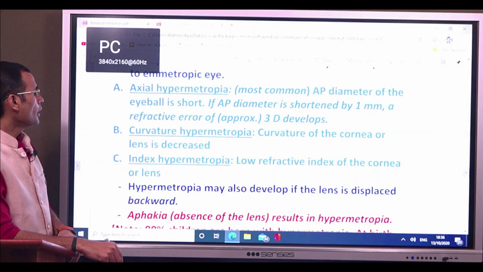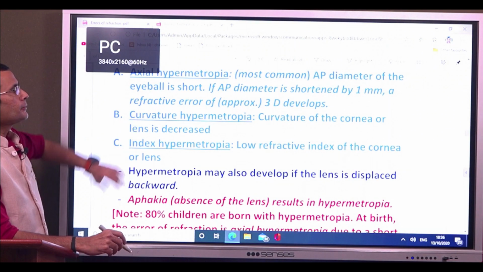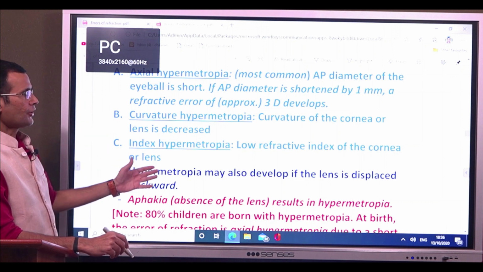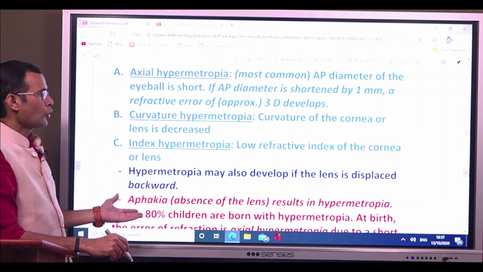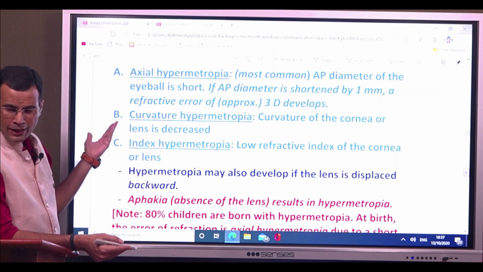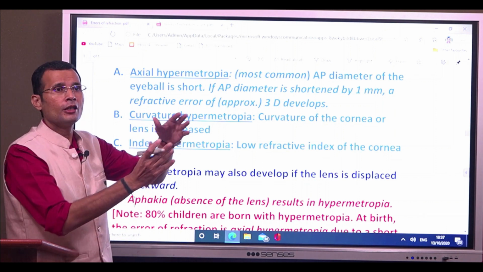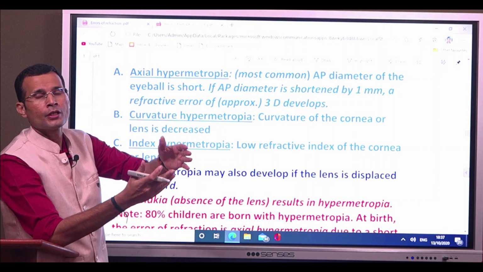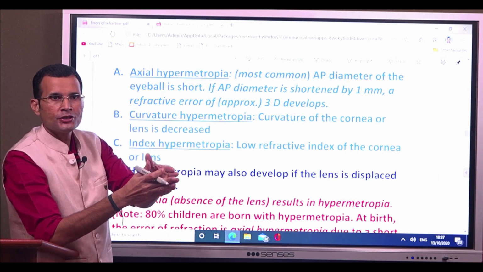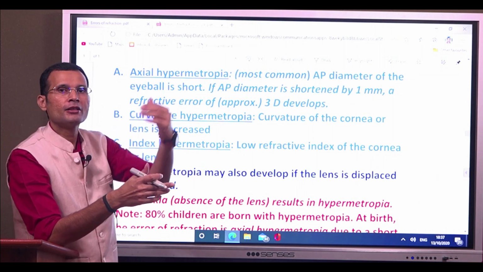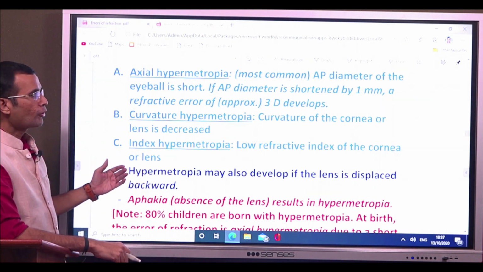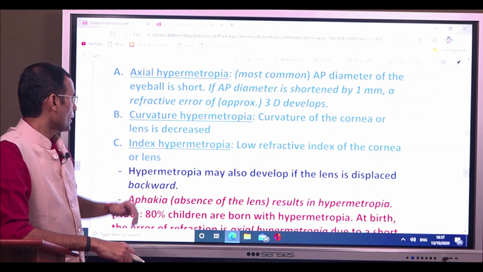Okay, so the other 2 types, curvature hypermetropia, curvature of the cornea or lens is decreased, and therefore light rays travel a greater distance to form the image. The point of focus will be farther, and therefore image formation will occur beyond the retina.